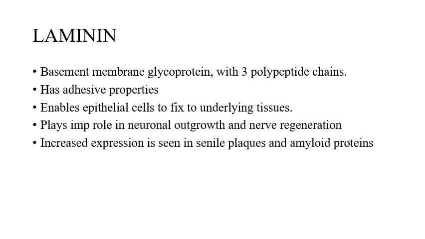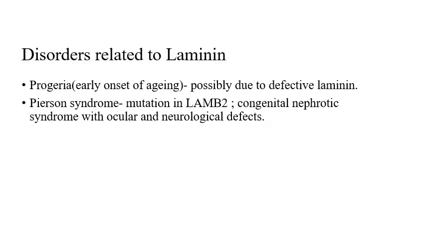Next is laminin. It is a basement membrane glycoprotein which has 3 polypeptide chains. It has adhesive properties. It enables epithelial cells to fix to the underlying tissues, and it plays an important role in neuronal outgrowth and nerve regeneration. And increased expression of laminin is seen in the senile plaques and amyloid proteins.